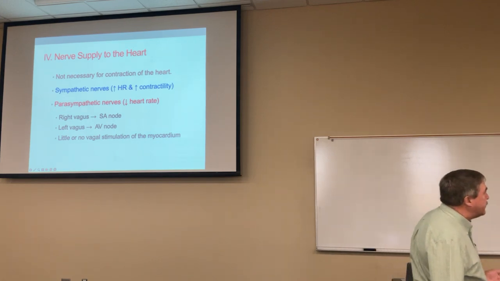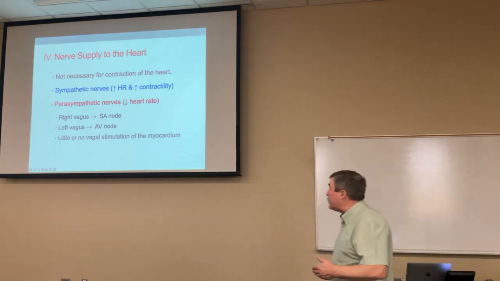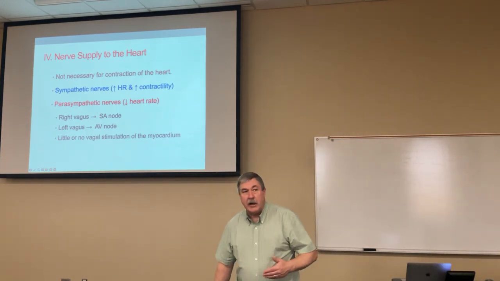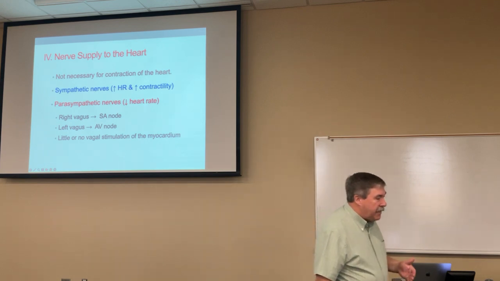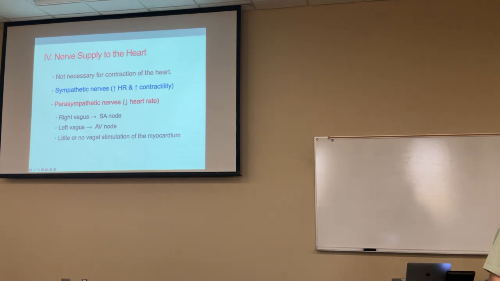The parasympathetic division does just the opposite. With parasympathetic stimulation, the heart rate slows down. Now, the parasympathetic division affects mainly just the heart rate.